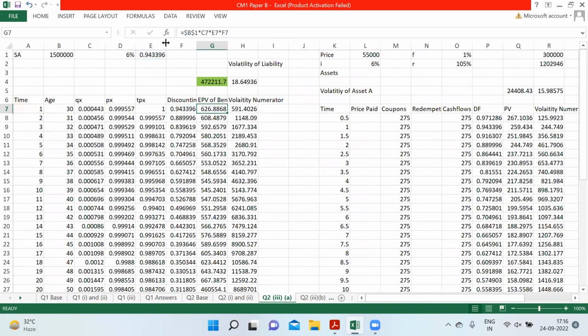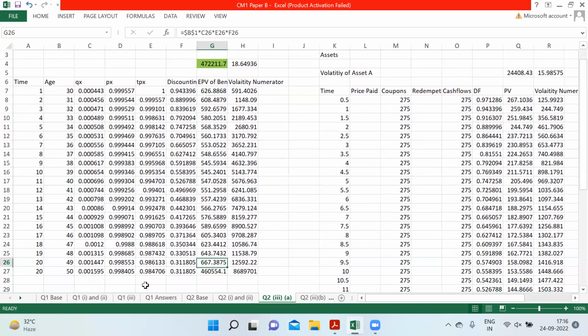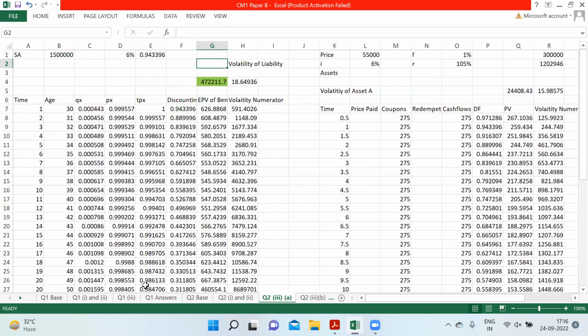And EPV of benefits is nothing but qx into tpx into discounting into the sum assured, which is fixed, and so on. The last value will not be multiplied by qx, it will only be multiplied by tpx, since it's an endowment assurance. And the present value of this is 47212211.